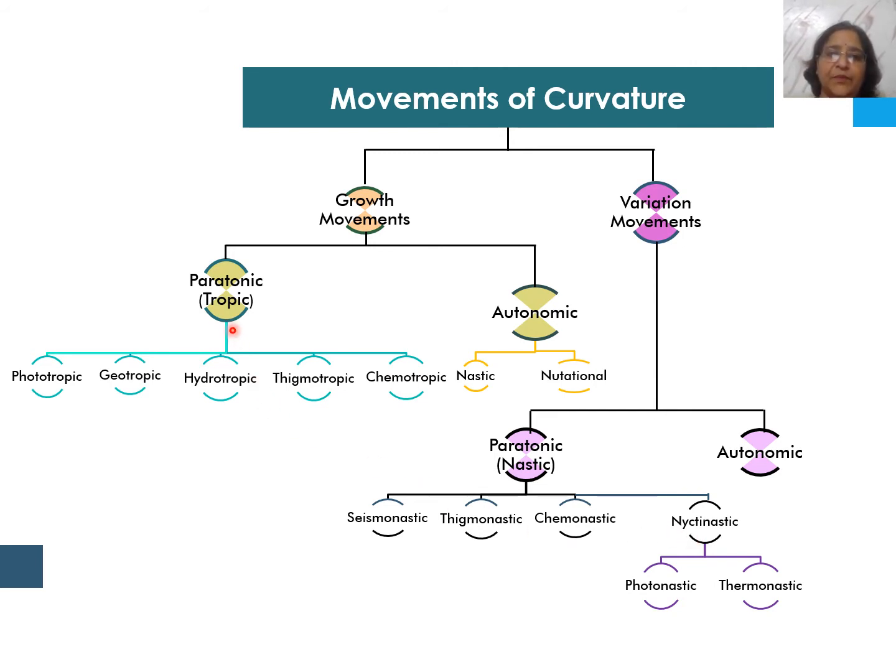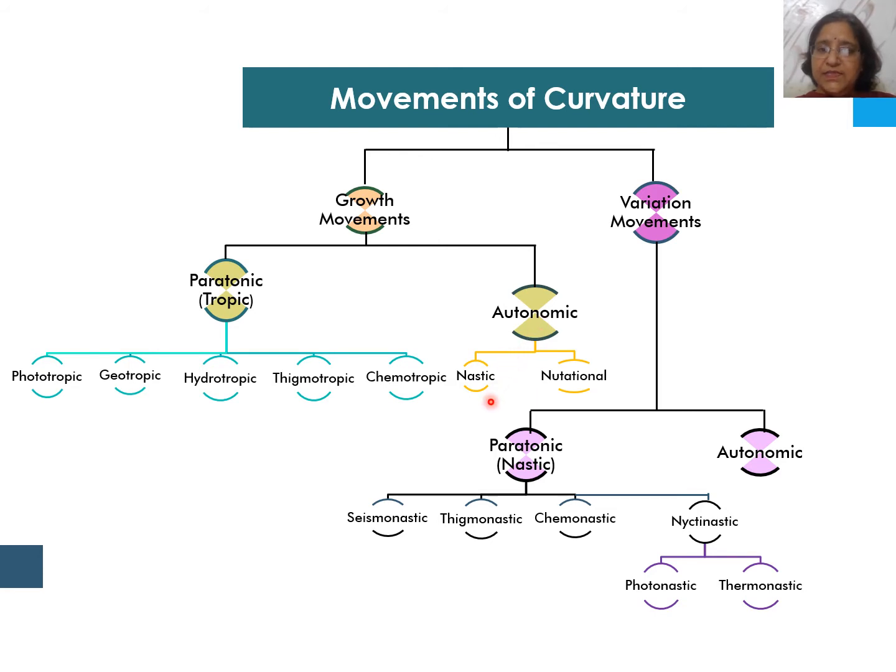Paratonic movements can also be further divided into five types: phototropic, geotropic, hydrotropic, thigmotropic and chemotropic. These five types are based on the type of external stimulus which the plant is getting. Here it is light, gravity, water, touch or chemicals. All this we will study in detail in today's lecture.